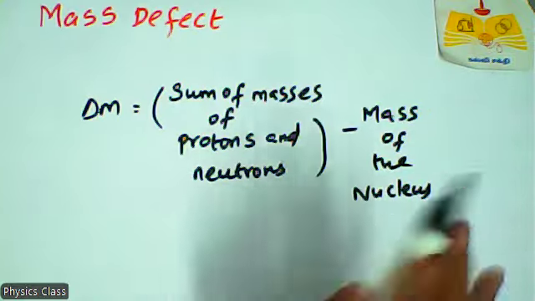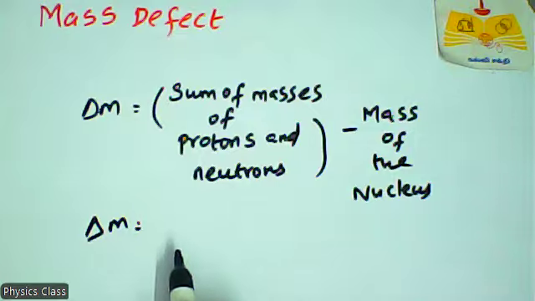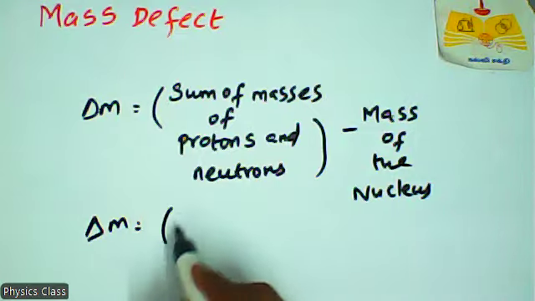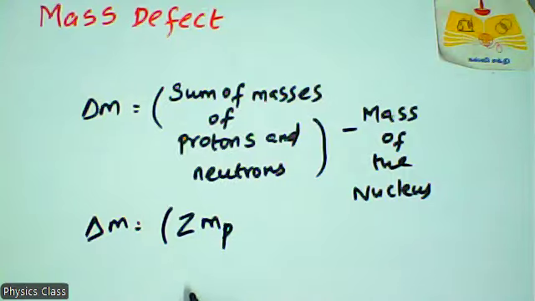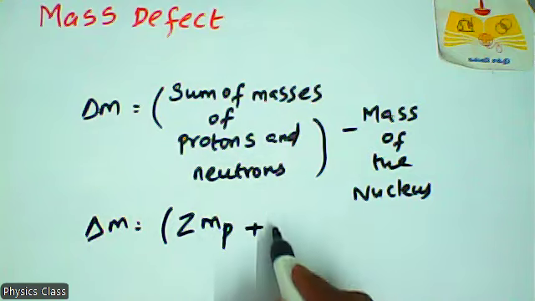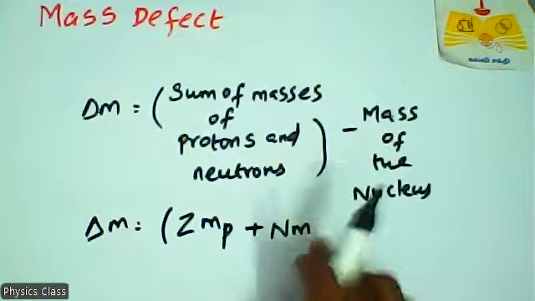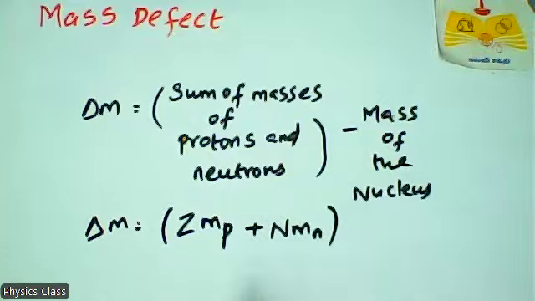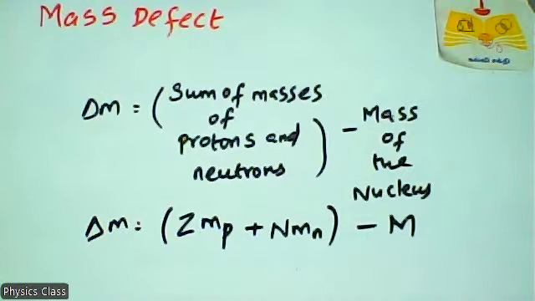This is the general formula. So del m is equal to Z m_p, the sum of the proton masses, plus N m_n, the sum of the neutron masses, minus the total mass of the nucleus, capital M. This is the formula of mass defect.